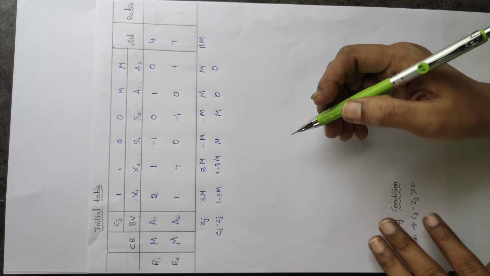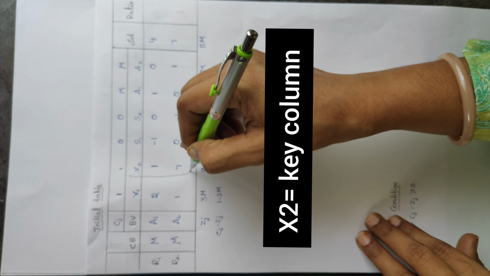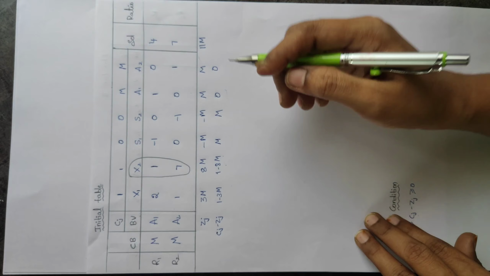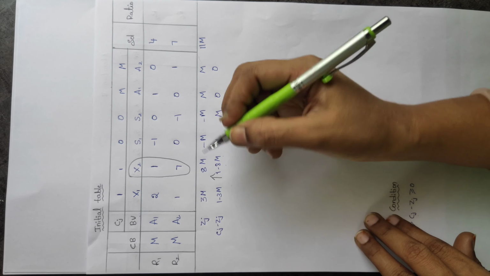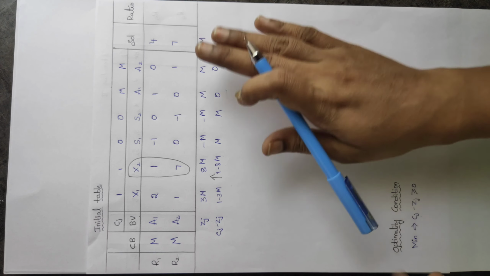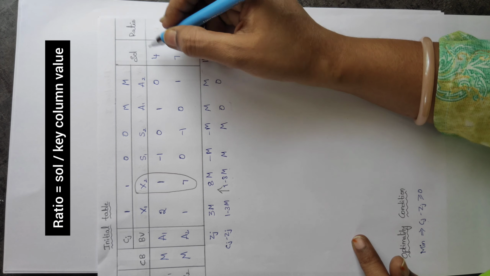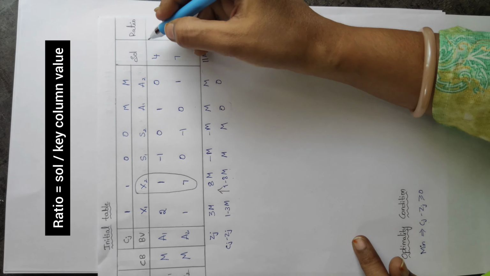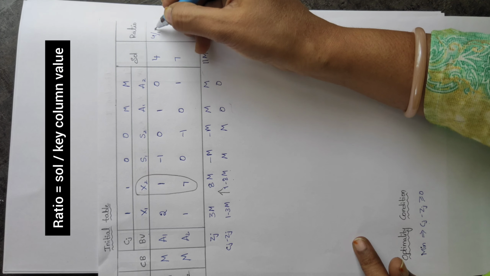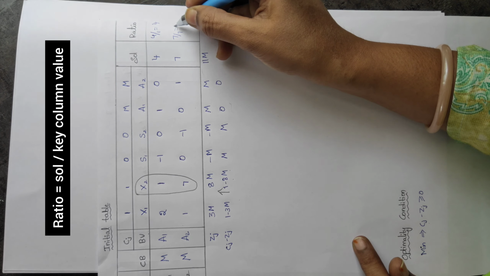That means x2 is the key column. Next we need to find the key row. For finding the key row, we need to find the ratio: the solution divided by the key column. 4 by 1 is 4 and 7 by 7 is 1.